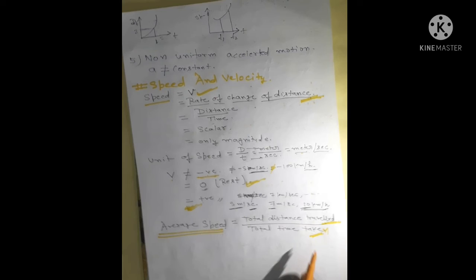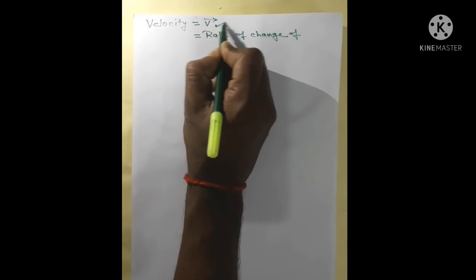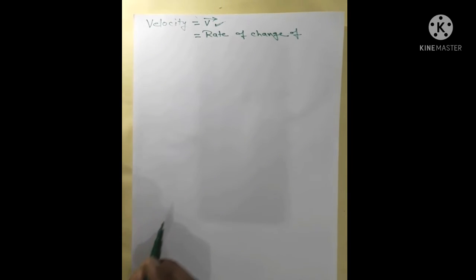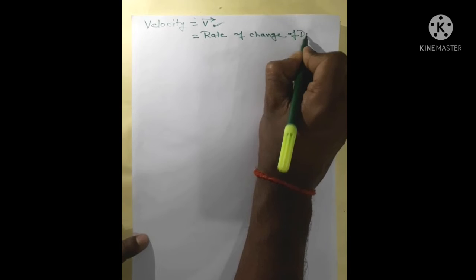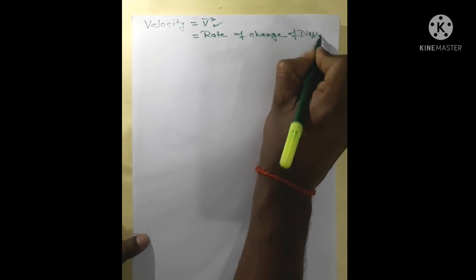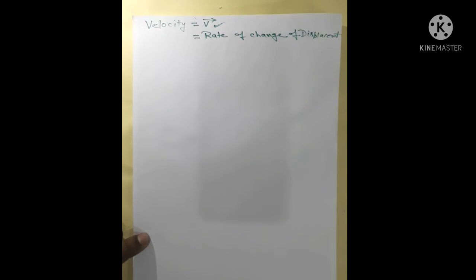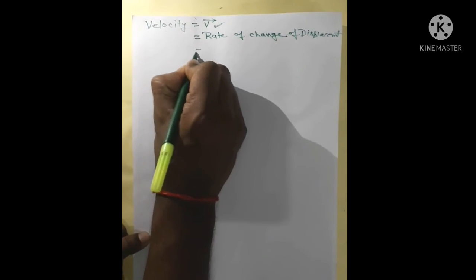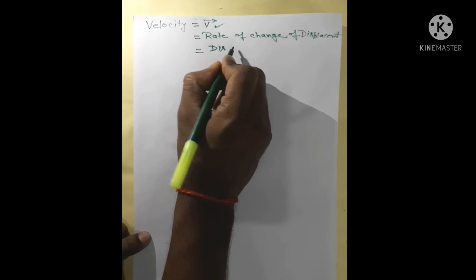Now I am going to define velocity. Velocity is represented like this. Velocity is the rate of change of displacement. Velocity is equal to displacement by time.